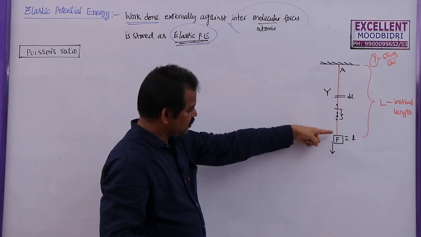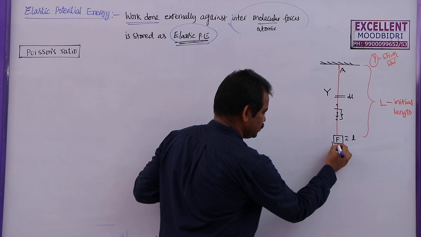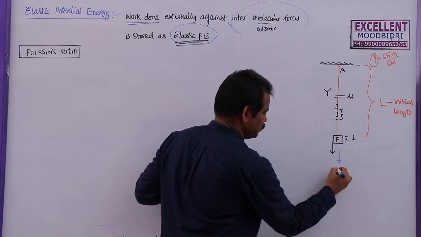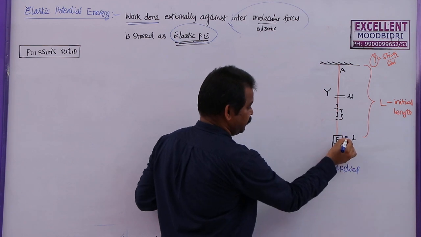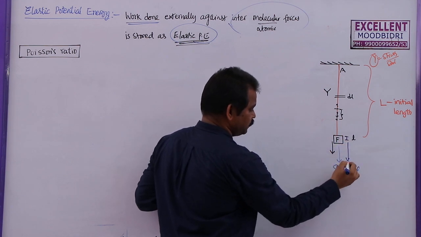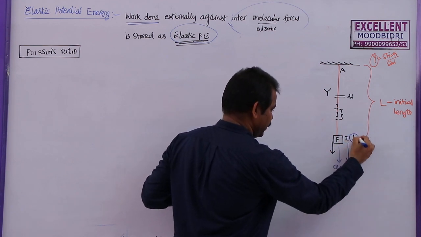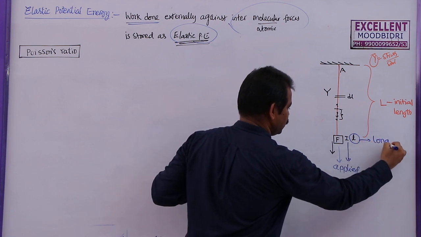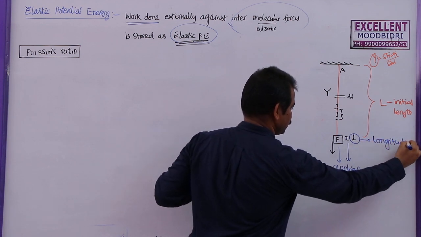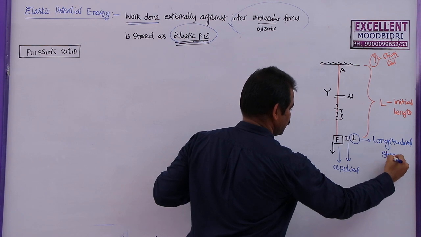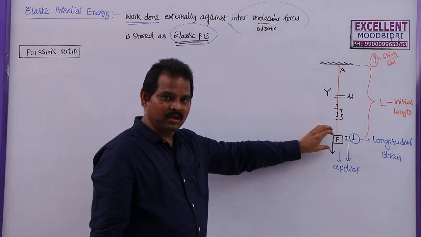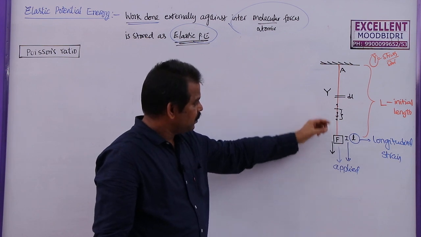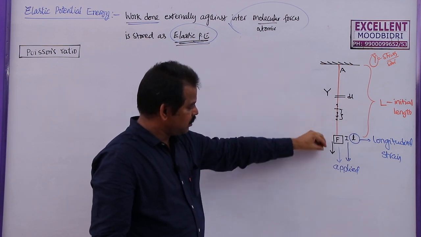When the wire is suspended like this, the force acting like this is the applied force, and the strain produced is in the direction of this force only. So this strain we call a longitudinal strain. At the same time, if you gradually increase this force step by step, the length of the wire gradually increases.